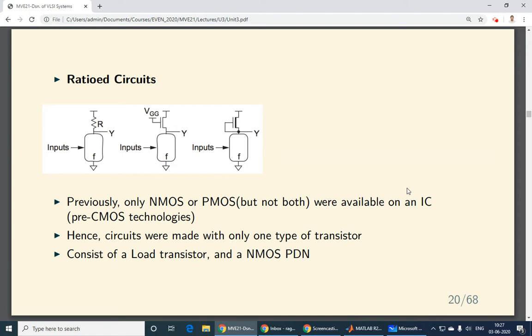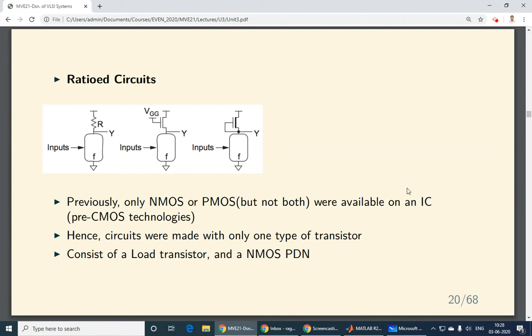If somewhere in the critical path we are not able to meet the timing requirement at all, and all possible options are depleted, then we will think of replacing the cells with some dynamic cells to reduce the delay. But other than that, there is no particular case where we will directly go for any other option except static CMOS. And ratioed circuit, as we will see, is largely historic.